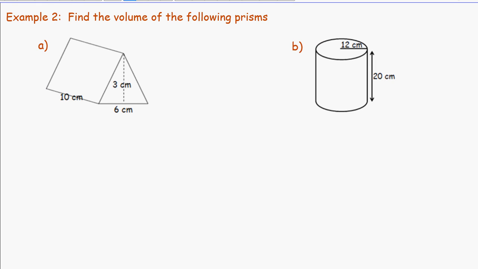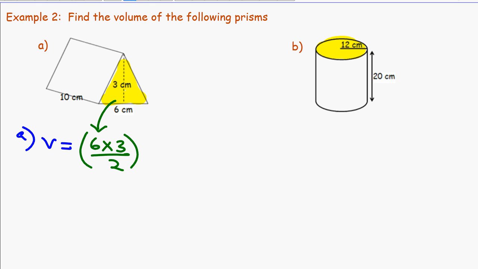Again, here I'll start by identifying the cross section. So this is my cross section. That's my cross section. Starting with the first one, the volume will be the area of the cross section. Now the area of the cross section is 6 multiplied by 3 divided by 2.